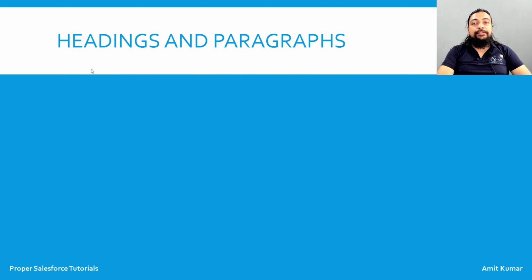Whenever any new line is to be provided within the paragraph, then the BR tag can be used, which is known as break tag or line break tag. Now this is an empty element. So the BR tag does not contain any content, hence it is an empty element, which we discussed in the previous video. And the BR tag can be used to provide a line break within a paragraph.